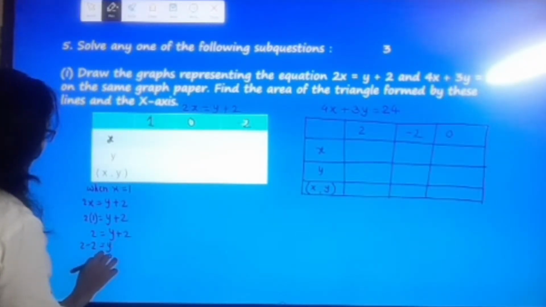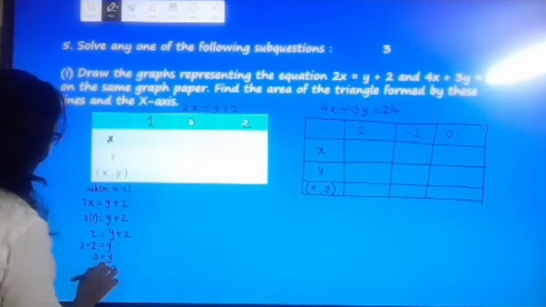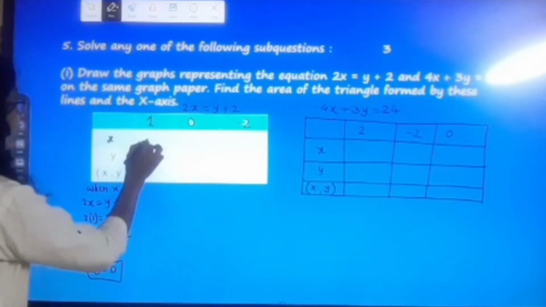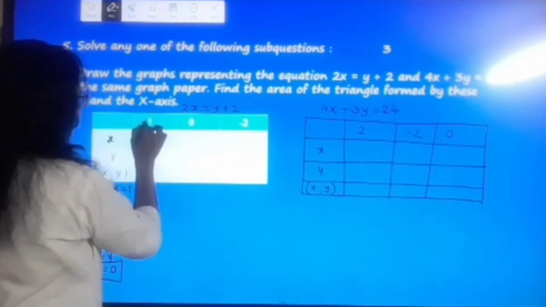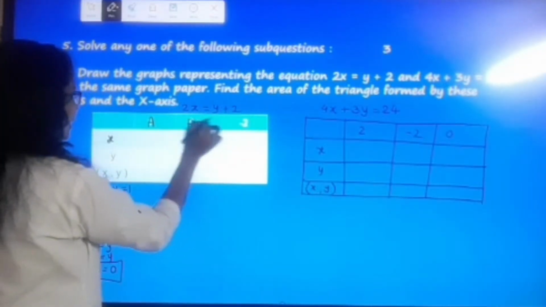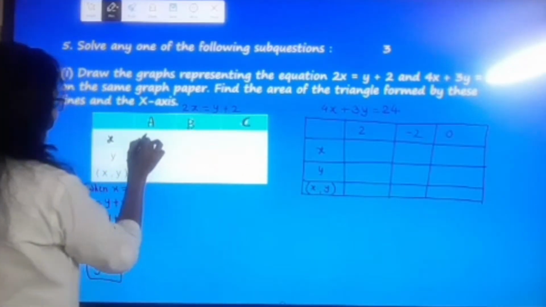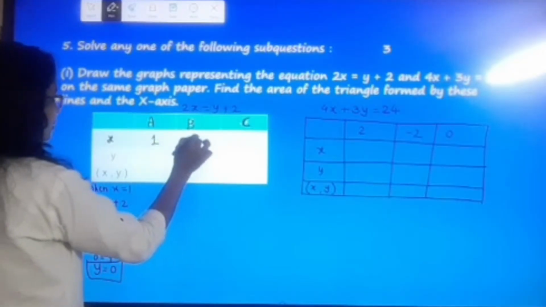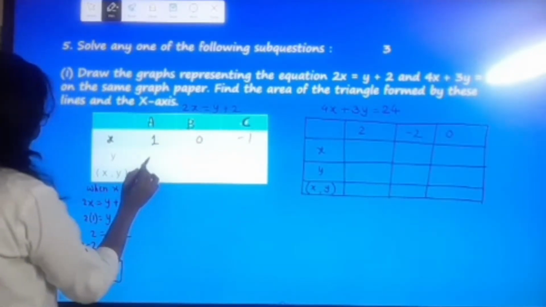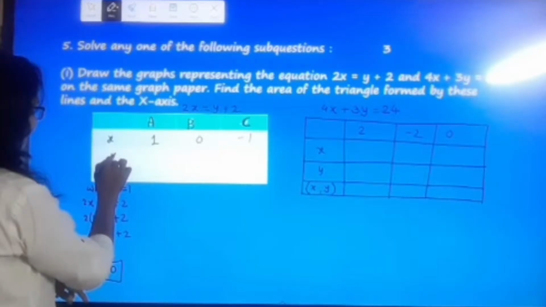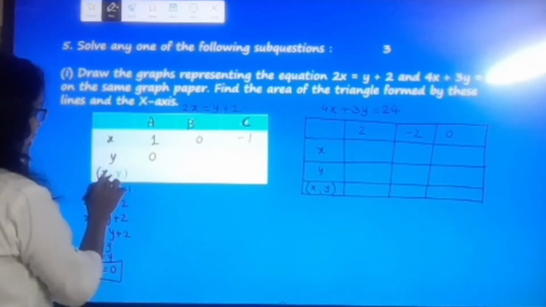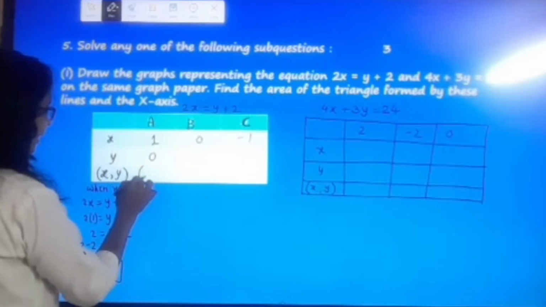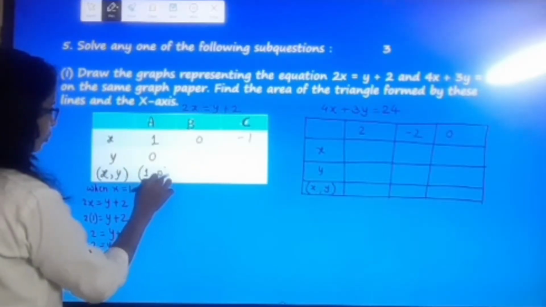So 0 is equal to y. So y is equal to 0. Here students are the points A, B, C. So at the point when x is equal to 1, then y is equal to 0. So the coordinate will be 1, 0.